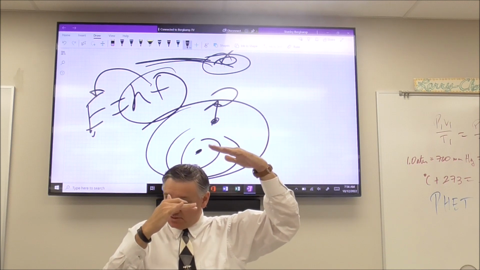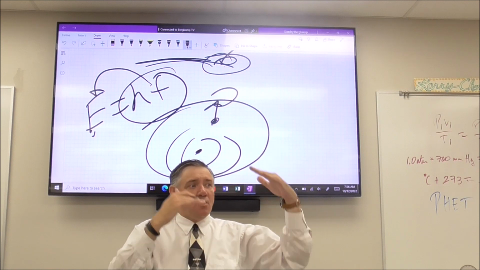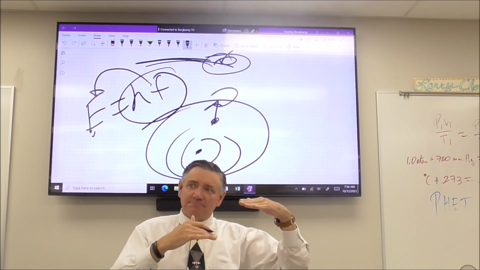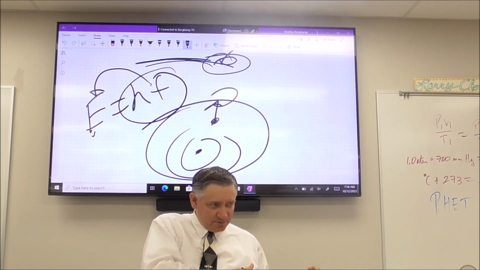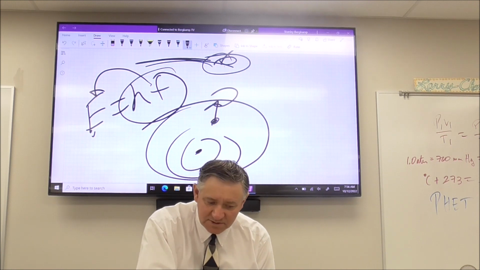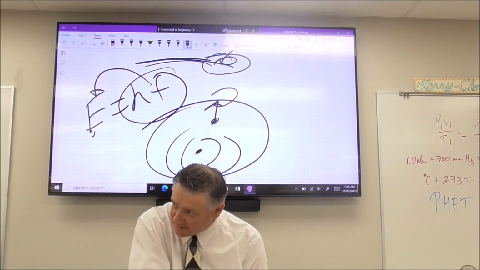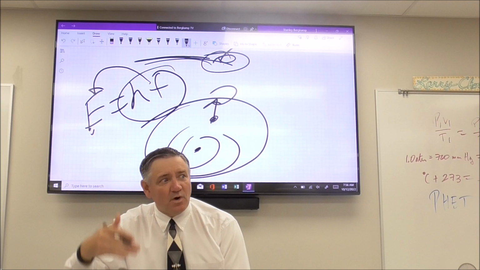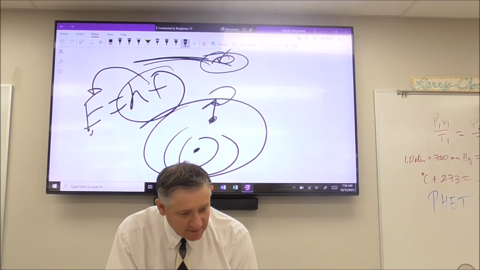That's a big transition. With a big transition, that's a lot of energy. With a lot of energy, guess what? That's going to require a higher frequency and a shorter wavelength. So what you should see on A, that's the one that's producing violet light, because that's the one that has the most energy involved, because that's the biggest change.